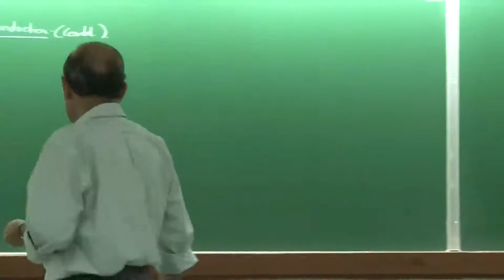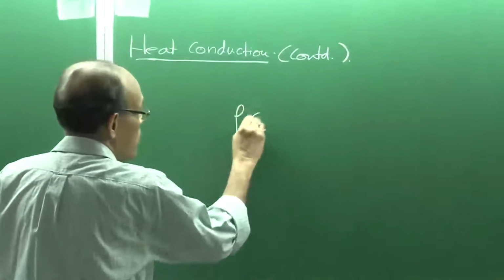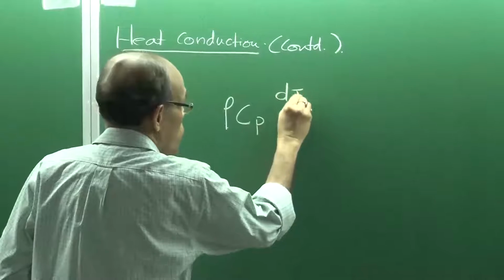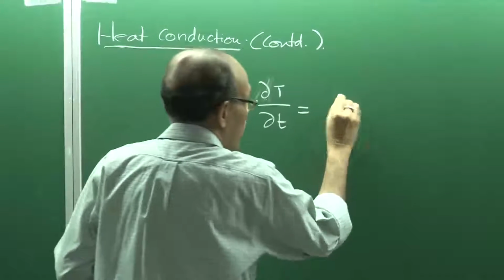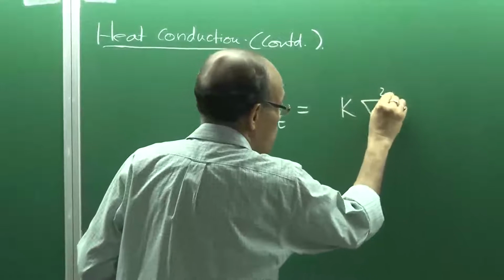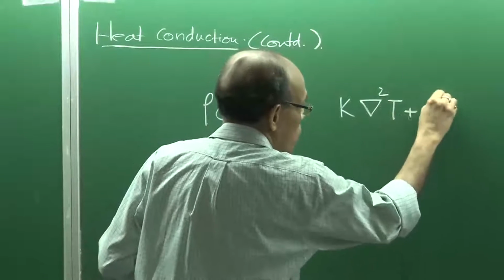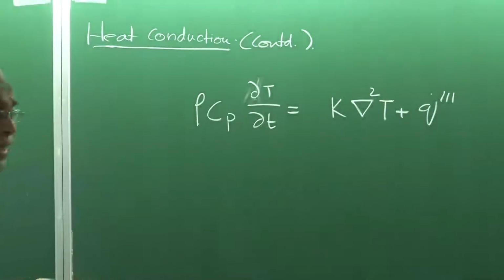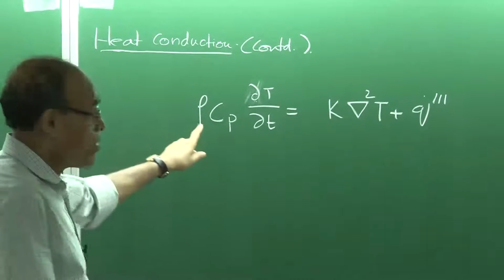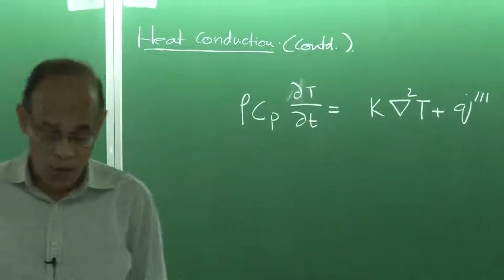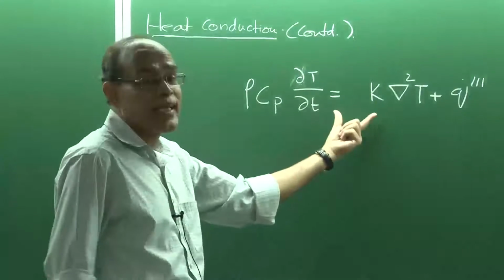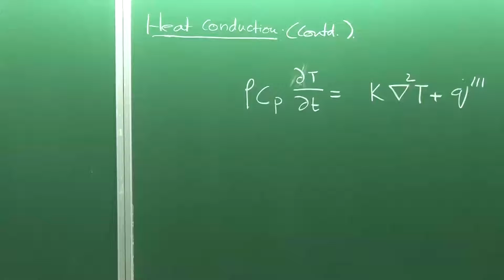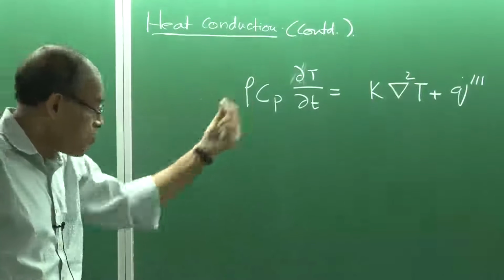And if you remember, the equation that I wrote was represented in terms of this parameter, in which I have deliberately assumed k to be constant, and I have also said that rho and Cp are also constants. So, this is basically the governing energy balance equation, or governing heat conduction equation, in Cartesian coordinate system.